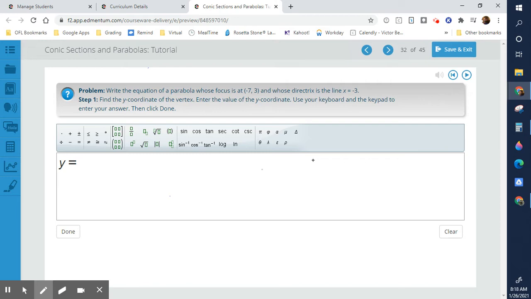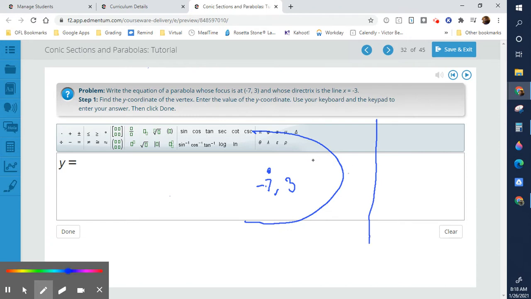You have to picture this as -7, 3, and we're going to have a parabola here, and we're going to have a directrix over here. So that means our vertex has to be smack dab in the middle of this.